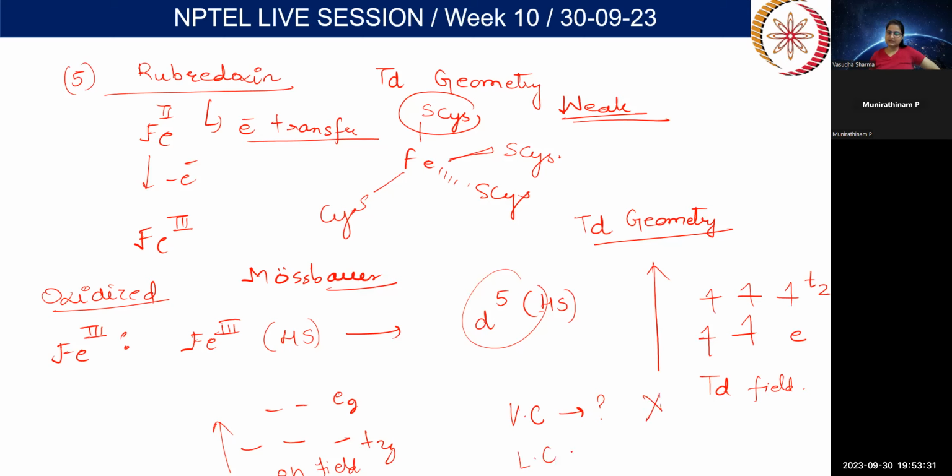So what about the lattice contribution? Lattice contribution also not available, because of its tetrahedral geometry. So both factors are not there. That means that iron +3 high spin is not going to have any splitting. One peak only, and there would be no splitting at all.